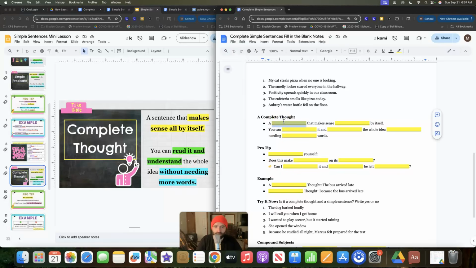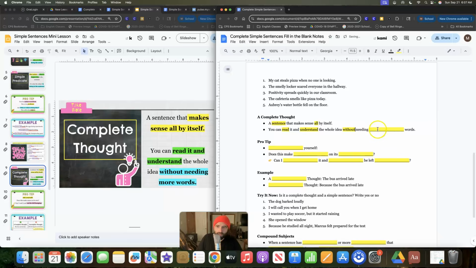A sentence that makes sense all by itself is known as an independent clause, right? So you can read it and understand the whole idea without needing more words. Here is the key, though.